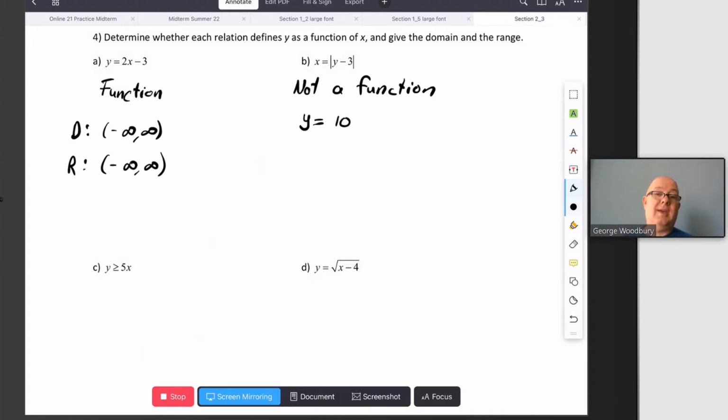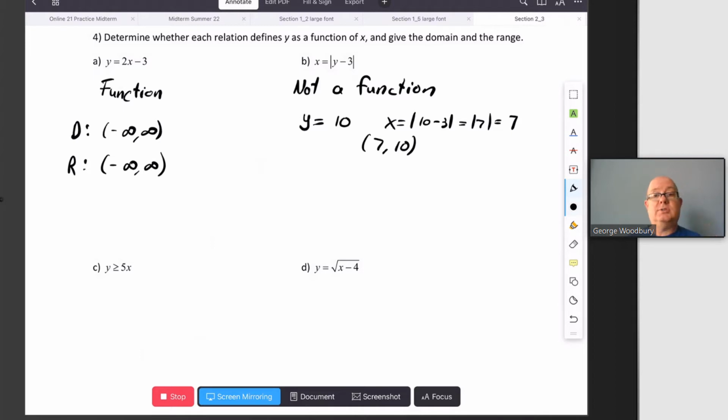If I plug in 10 for y, I've got the absolute value of 10 minus 3 for x, which is the absolute value of 7, or 7. So that's an ordered pair, 7, 10. Is there another value of y that goes with x being 7?